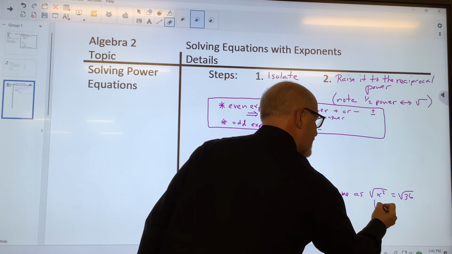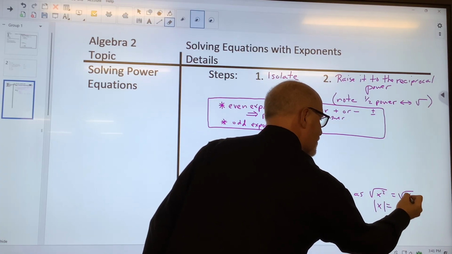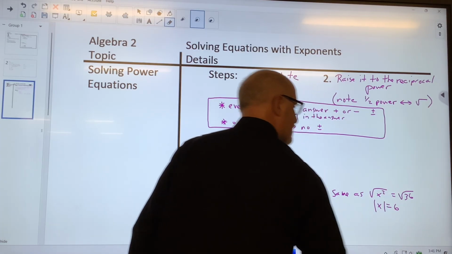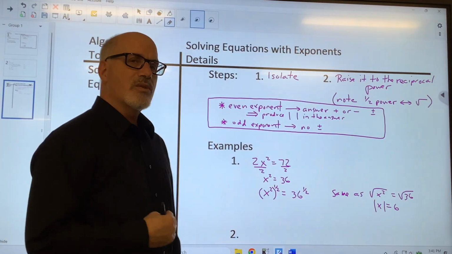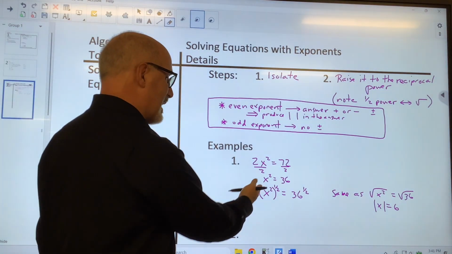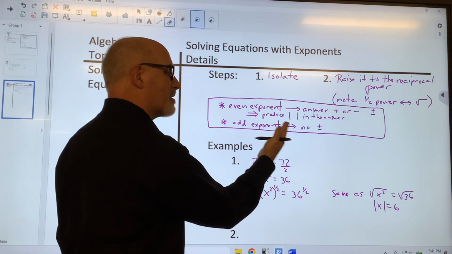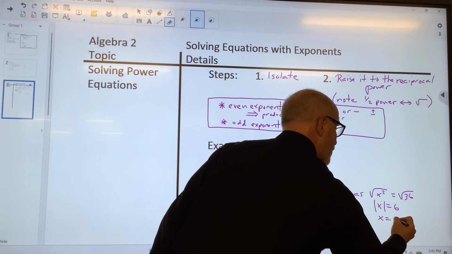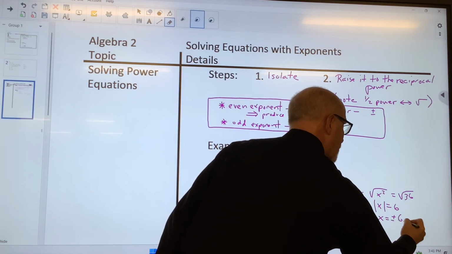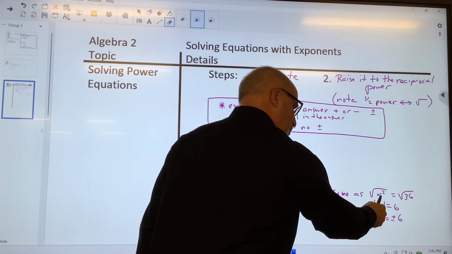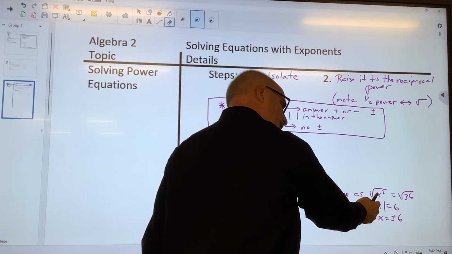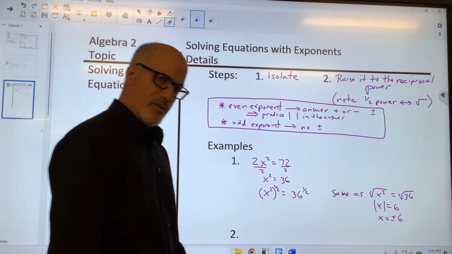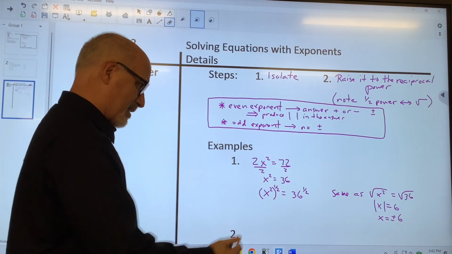That's what produces the absolute value of x. Square root of 36 is just a 6. We recognize that here. When we do that, we just skip that step because the absolute value then produces a plus or minus. Absolute value of 6 is 6, absolute value of the opposite of 6 is also 6. So we're going to skip that step.